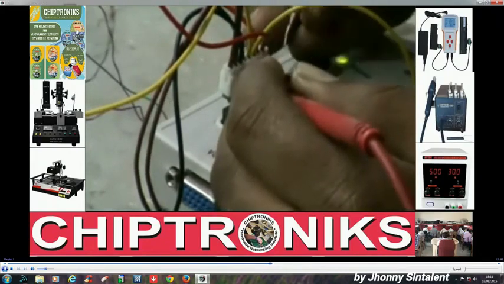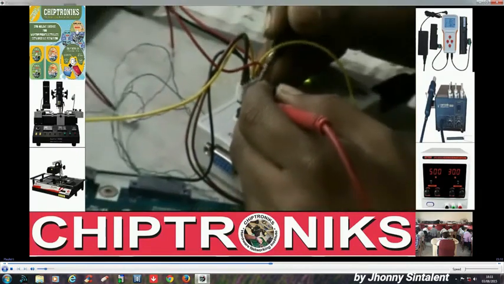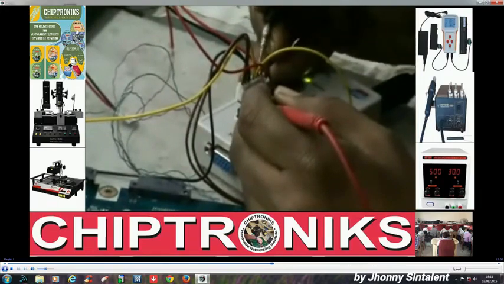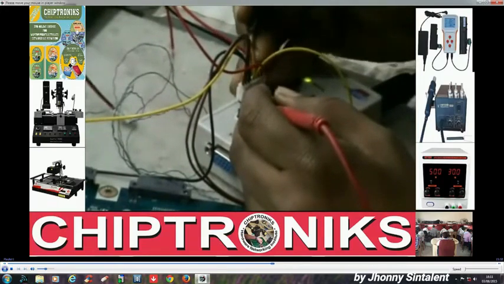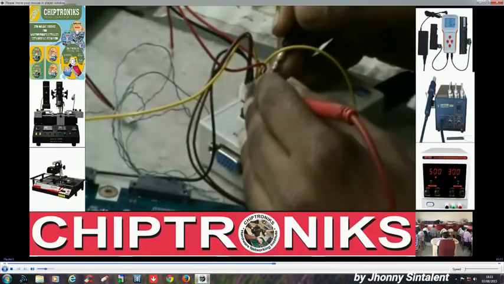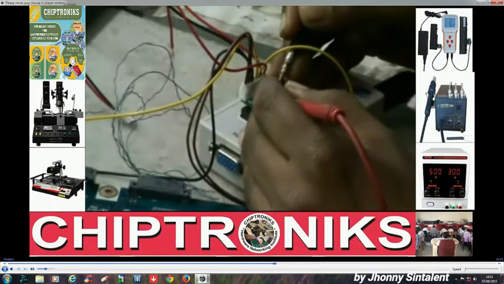So like this, 1 through 8 here and 1 through 8 there, all 8 pins are connected with the first 4 pins here and the next 4 pins here.